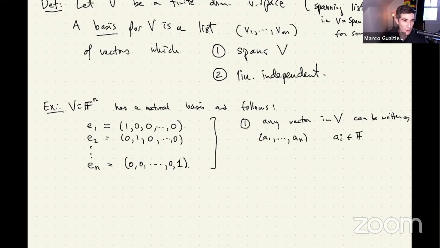That's what a vector looks like inside this vector space. And then it's a very easy task to write this vector as a linear combination of the basis elements.